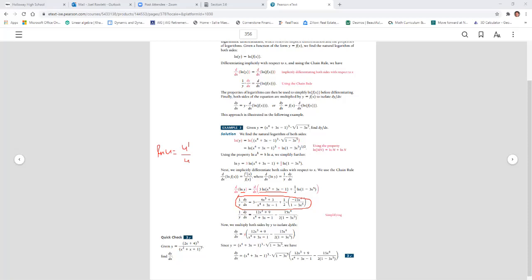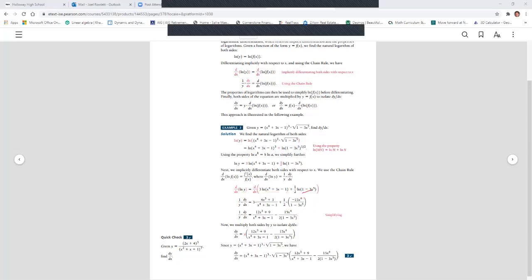Here, u is equal to x to the power of 4 plus 3x minus 1, and the derivative of that would give you 4x cubed plus 3. This 3 here is just carried down from the previous line. Here's the du, and here's the u. So that derivative would be du over u.